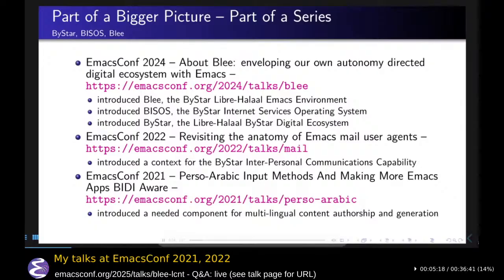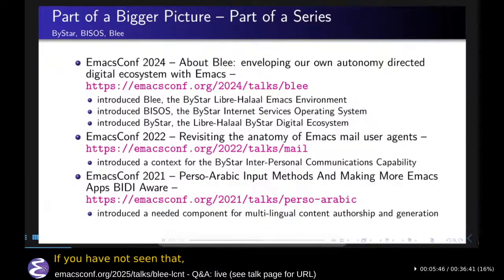My talks at EmacsConf 2021, 22, and 24 are related. This 2025 talk builds on those. Last year's talk about BLE, enveloping our own autonomy-directed digital ecosystem with Emacs, in particular, lays the foundation for this talk.